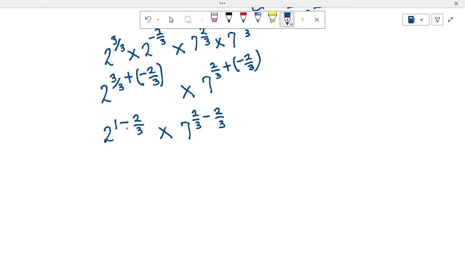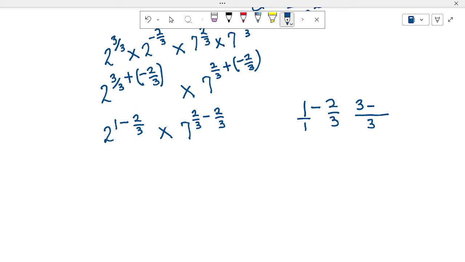Good. We want to work 1 minus 2 all over 3. 3 is the denominator. This one is the same thing as 1 all over 1. 3 divided by 1 is 3 times 1 is 3.